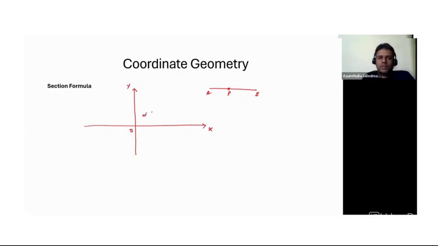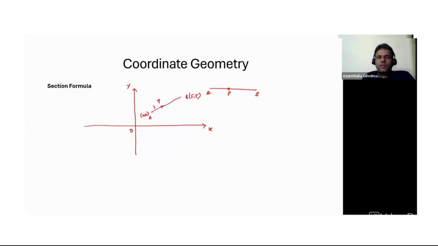Let's take the previous case, that is A is (2, 2), and I also have point B, that is (5, 5), for example. This is line AB.